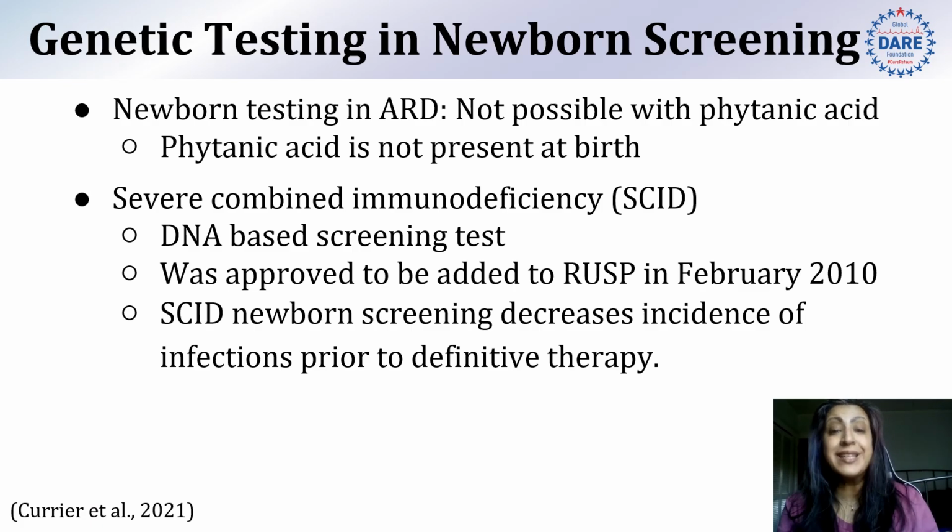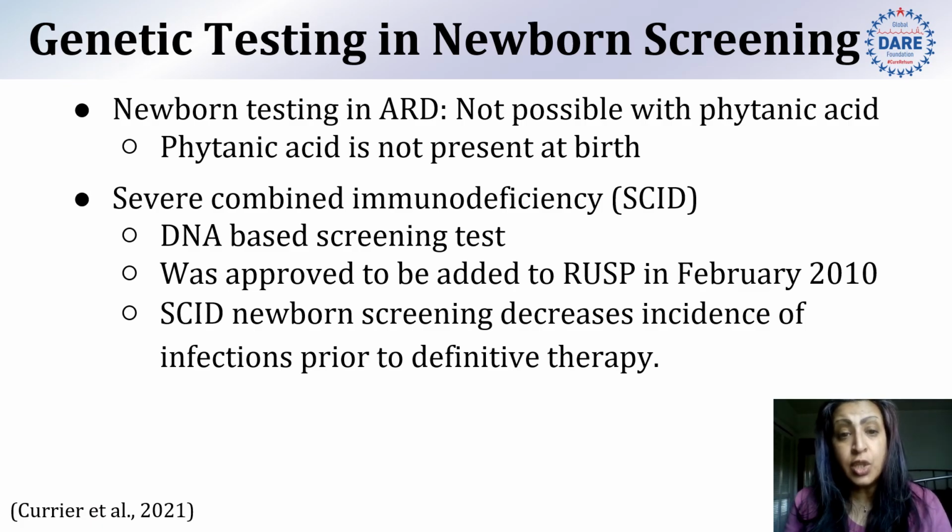So, newborn screening is an important public health tool used to detect serious conditions early in life, often before symptoms even appear. However, for adult refsum disease, traditional newborn screening is currently not feasible because phytanic acid, which is the key biomarker or metabolite for adult refsum disease, does not accumulate to detectable levels at birth, because phytanic acid is found only in the diet and needs to accumulate over time to be detected in blood.